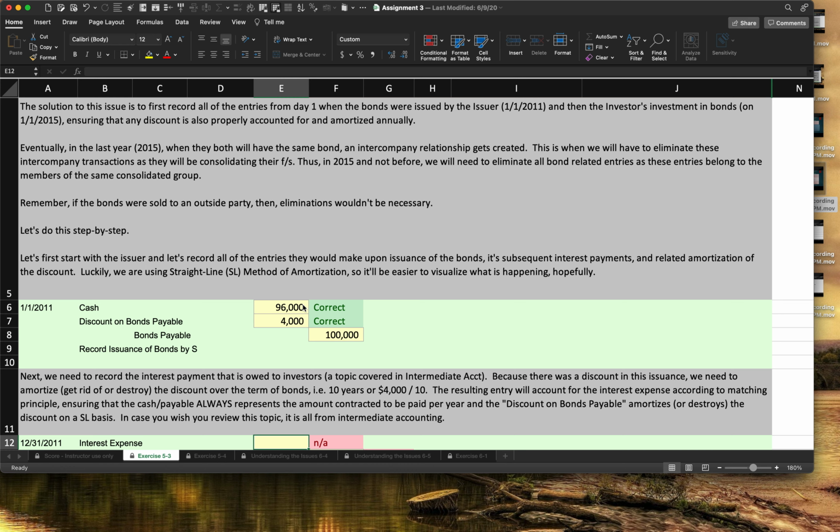All right, so that's $4,000. That's a discount on bonds payable we spoke about earlier, where we have to eventually eliminate it by the time the term ends, and then we'll just pay back this 100,000.